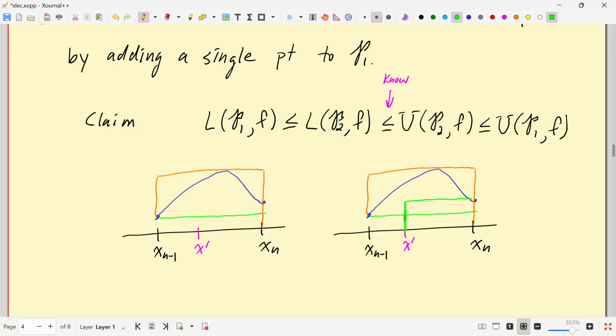Let's see, what would be the new smaller upper sum? The max on this first interval would be achieved here, and the max on the second interval would be the same.